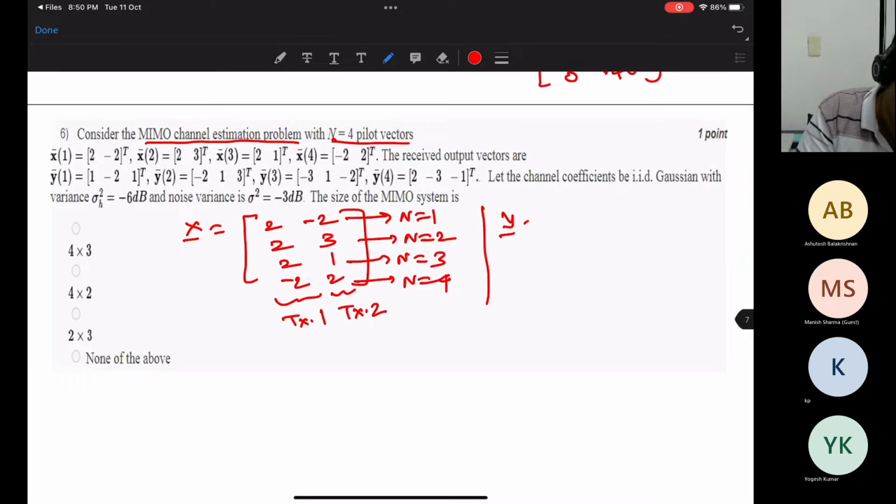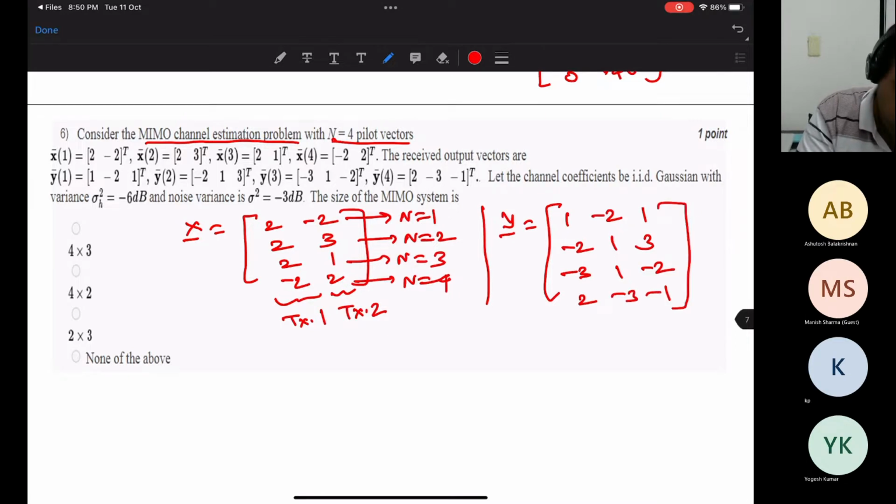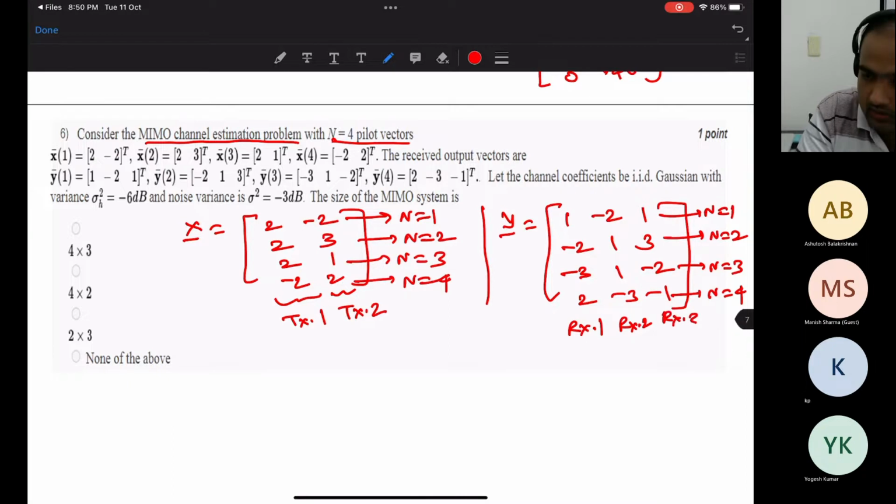Let's build the received side. On the received side we have 1, minus 2, 1, minus 2, 1, 3, minus 3, 1, minus 2, 2, minus 3, minus 1, for N is 1, 2, 3, and 4. This is receive antenna 1, receive antenna 2, receive antenna 3. We have been asked the size of the MIMO system.